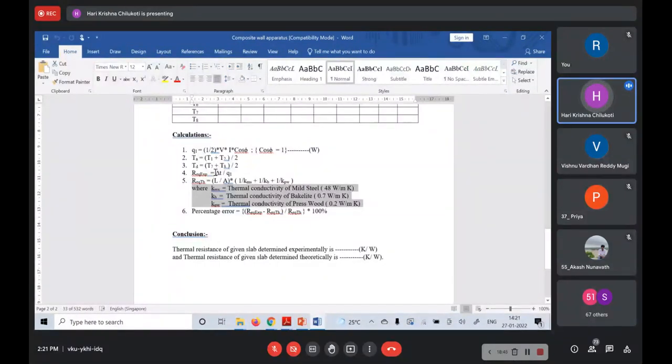Now we can compare the error, the difference between the theoretically obtained value and the experimentally obtained value. This is the final comment that you can make based on both those readings.